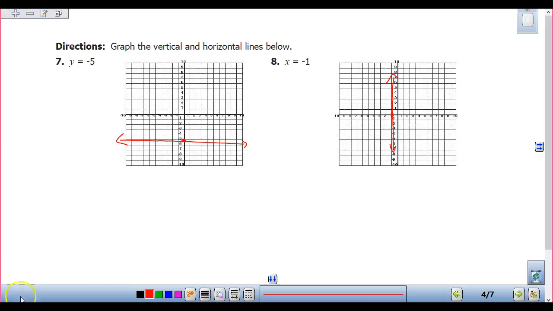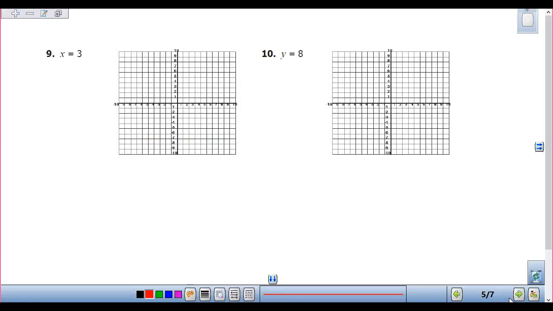If I'm looking at this one, horizontal or vertical? Vertical. If I find where x equals 3, I've got my point where x equals 3. Now, if I were to make a horizontal line, it would be on the x-axis. Does that make sense to do that?